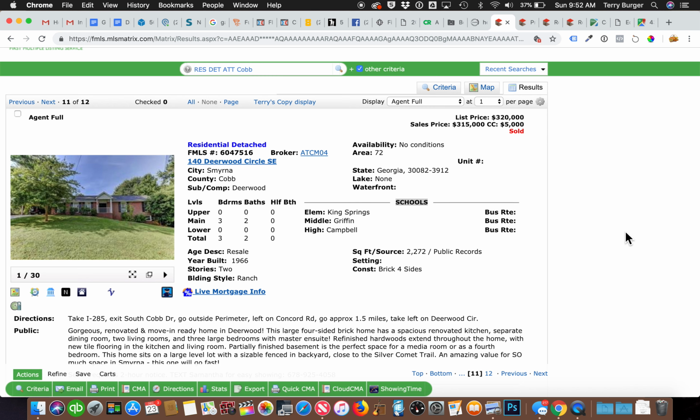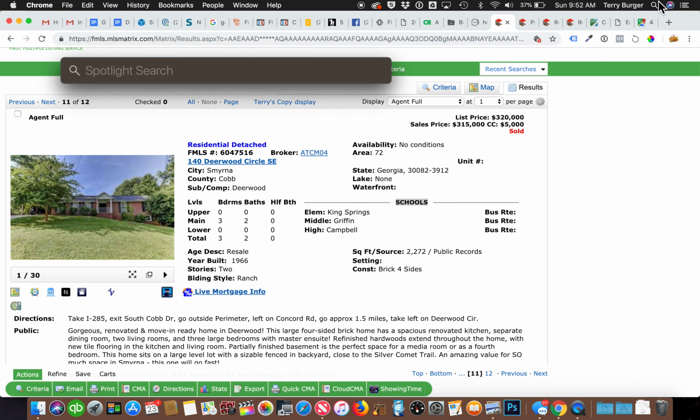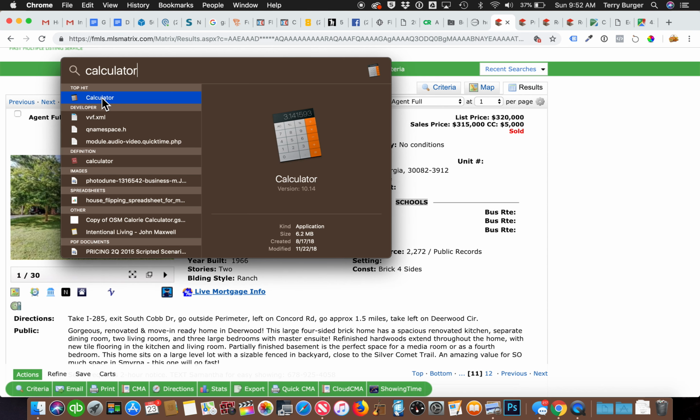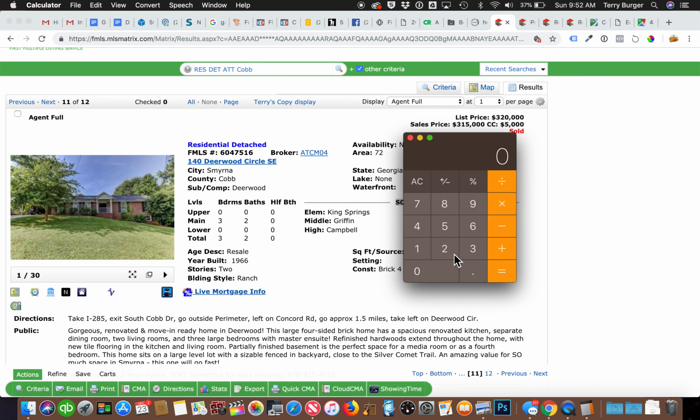This property would probably rent for $1,500 to $1,800 a month. I wouldn't be super excited about paying $170 for it, putting $50 in it, for it to rent for $1,800 a month. That's not a good return for me, so that rules out the rental. However, at $153,000, I should bring up my calculator. Let me just run that math one more time.